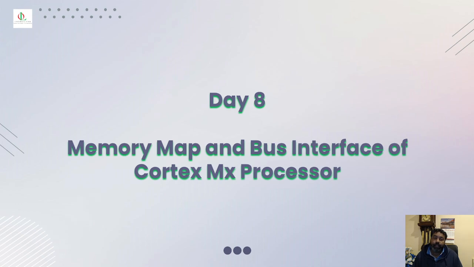Today we're going to learn about the memory map and bus interface of the Cortex-M4 processor. What is involved in the memory map, and what is involved in the bus interface? That's what we're going to learn today.